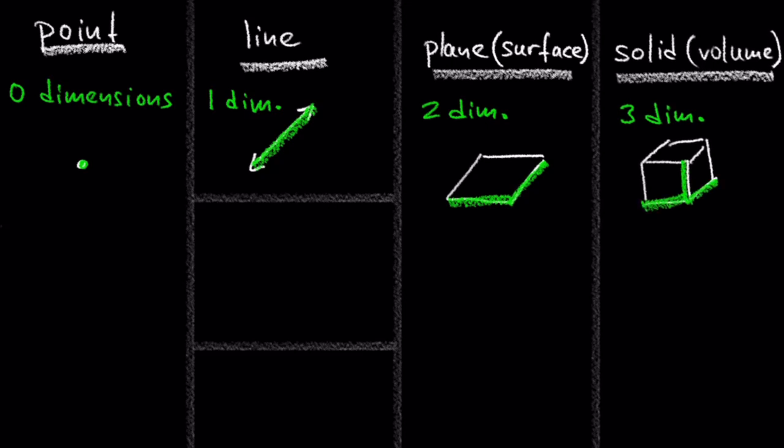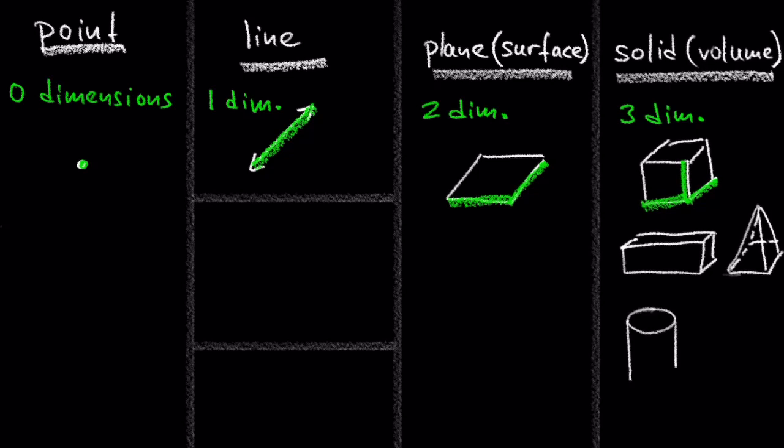The topic of 3 dimensions is also called solid geometry. Solid geometry deals with measurements of volumes of solid figures like cubes, rectangular prisms, pyramids, cylinders, cones, spheres, and so on.